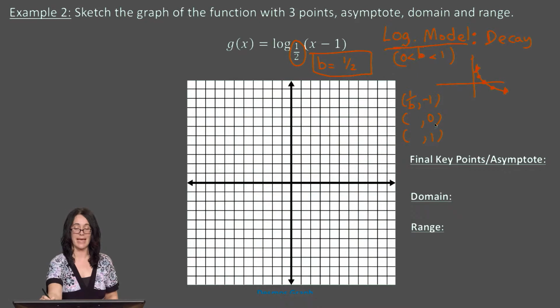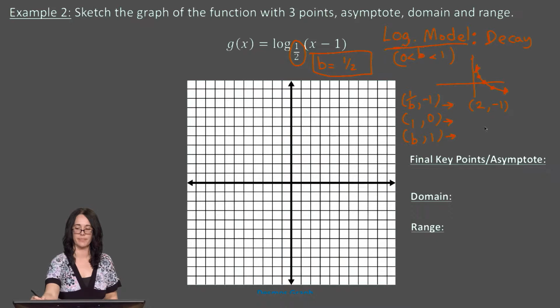Instead of 1 for my output, it's now my input. And instead of base b for my output, it's now going to be my input. So in this particular case, if our base was 1/2, the reciprocal of 1/2 is 2 over 1, or 2. So that's, for example, 2, -1.